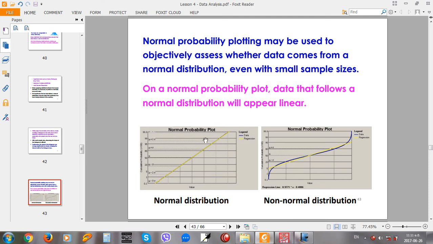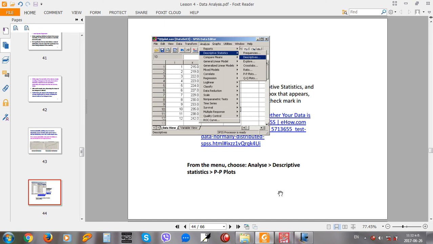That is like a regression line, on the cumulative probability. If you can see it in a linear way, the data follows a normal distribution. If it is curved, it is not a normal distribution.